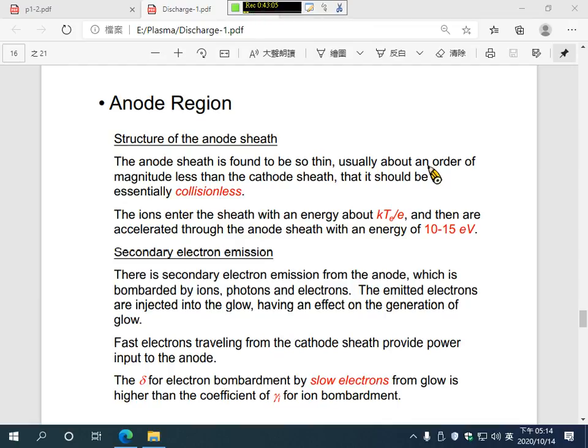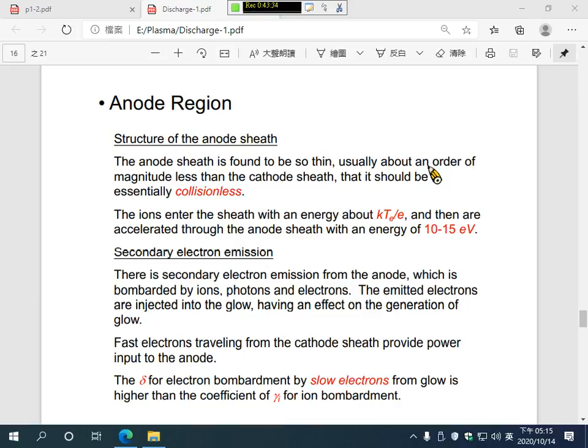So here is the anode sheath, and the potential difference between plasma and the anode surface. And usually the anode surface is grounded, so the potential difference is the plasma potential. So the potential is around 10 to 15 electron volts, usually in a general plasma system.